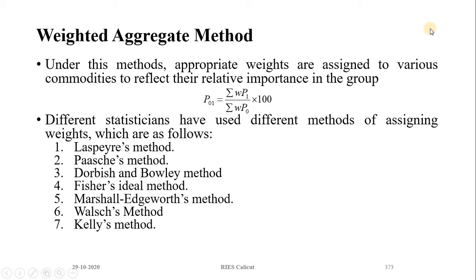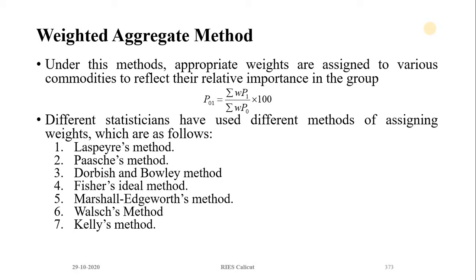Now, under the weighted aggregate index method, we are giving appropriate weights to various commodities to reflect their relative importance in the group.